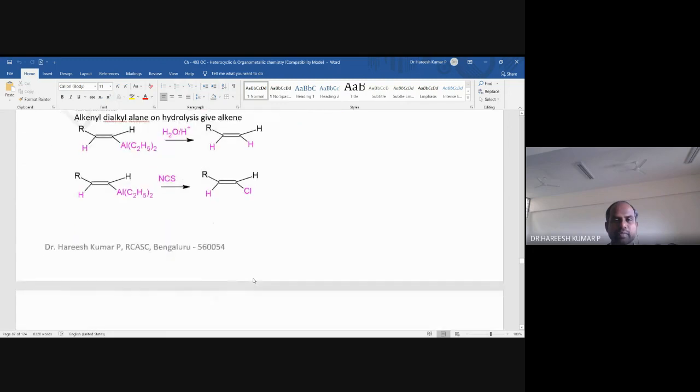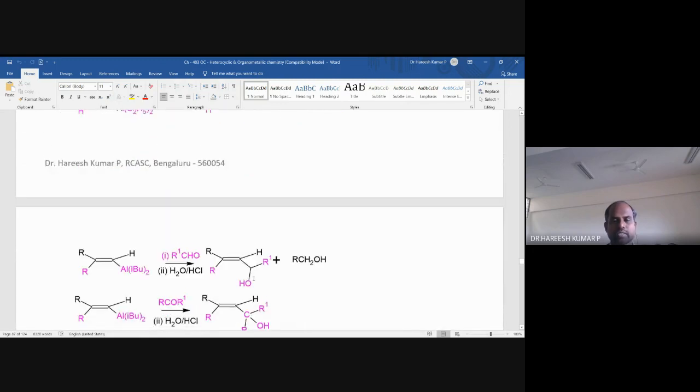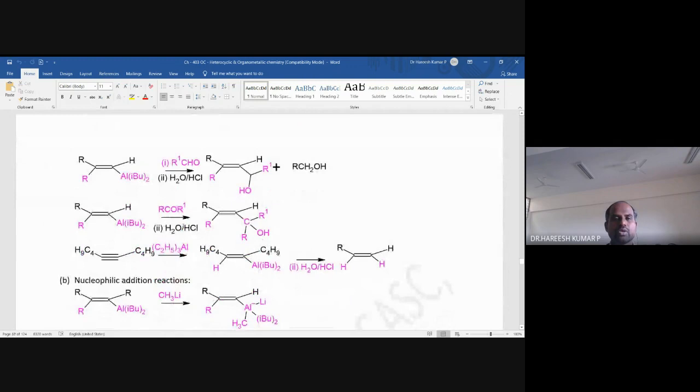And then I will discuss more examples of this kind. Look here: suppose the alkynyl dialkyl alane is treated with an aldehyde, alkyl halide or aryl halide. This carbon will act as an anion, so this bond pair attacks this carbon.